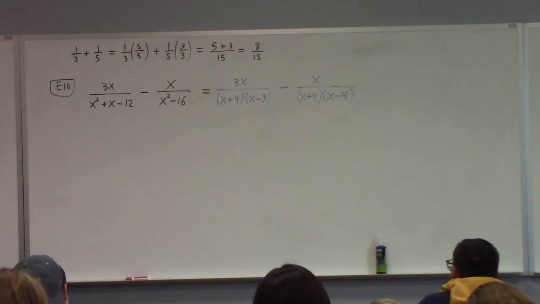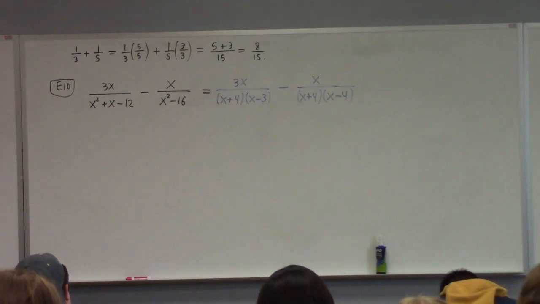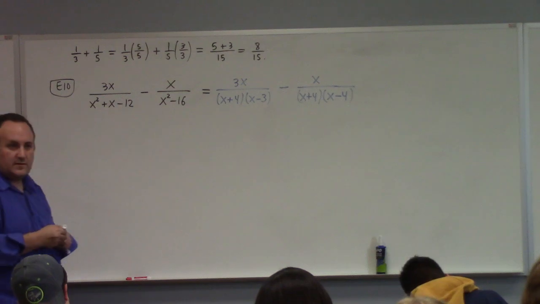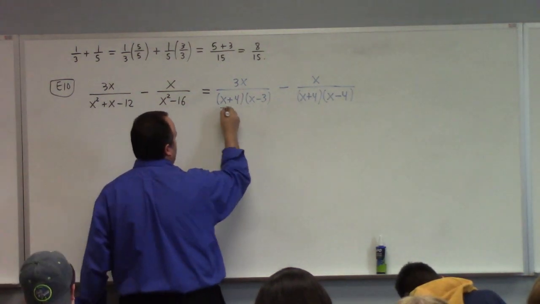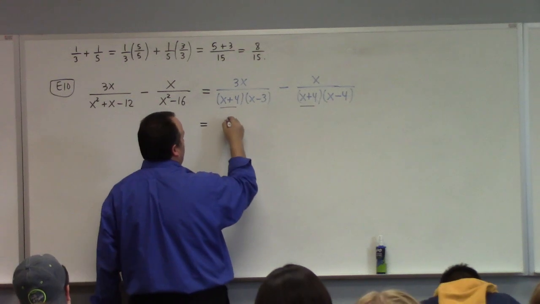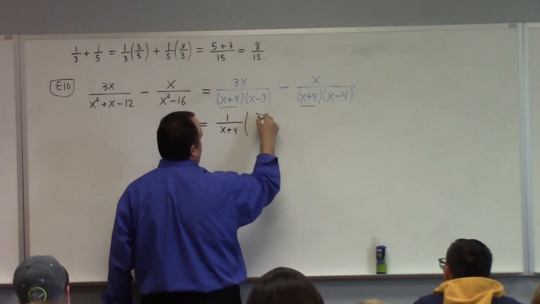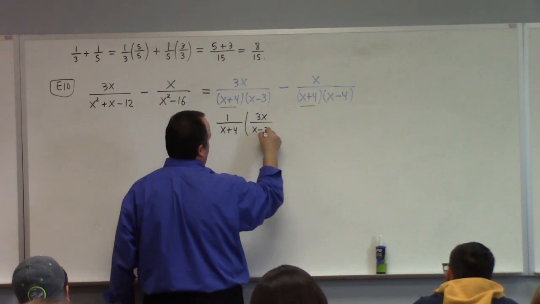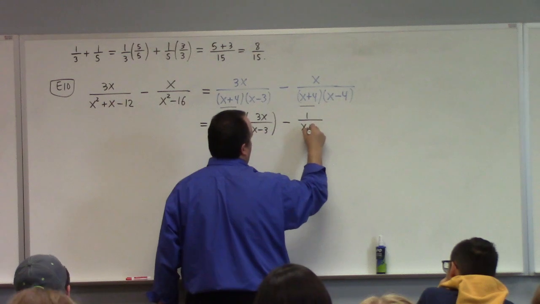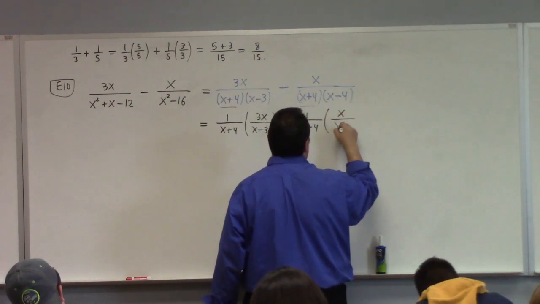So a smart way to do this calculation would be to notice that we have a common factor here, right? Do you guys see it? x plus 4. So let me rewrite this. We can write this as 1 over x plus 4 times 3x over x minus 3, right? And this can also be written as 1 over x plus 4 times x over x minus 4.